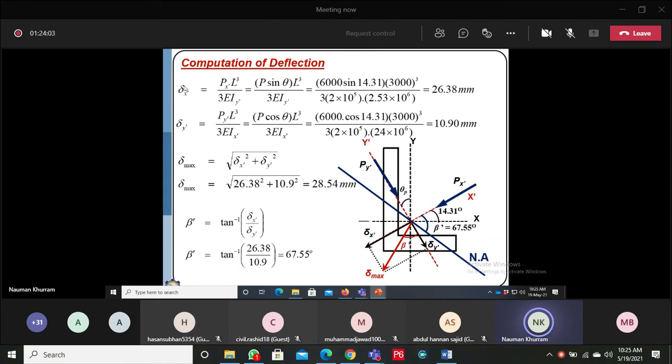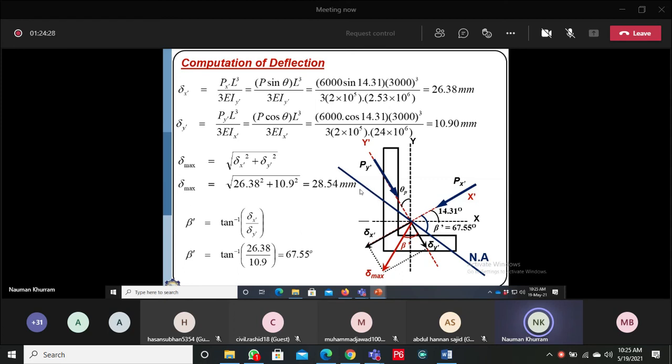This will be equal to PL cube over 3EI. So when you are computing delta x bar, you need to use the component of the load along the x direction, but the moment of inertia will be about the perpendicular axis, because the load acting in the x direction will tend to produce the bending moment about the y axis.